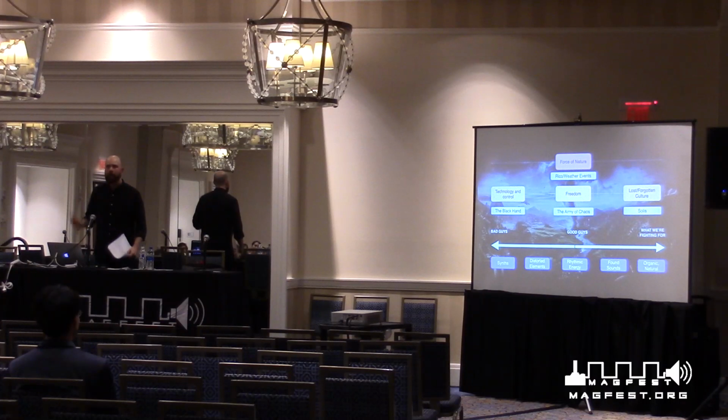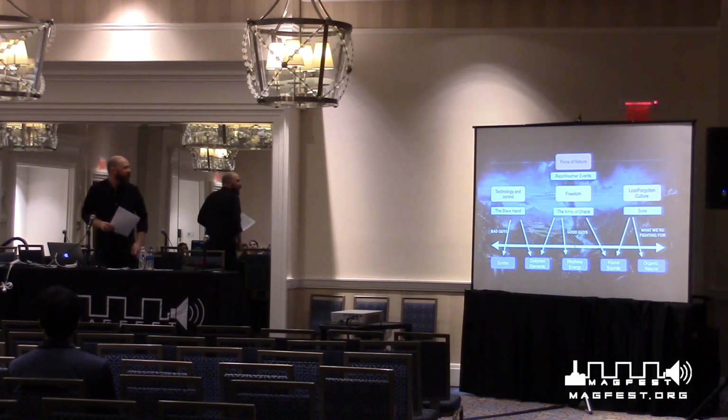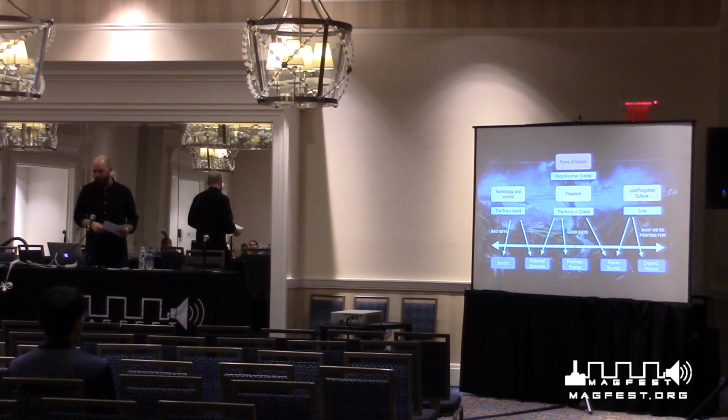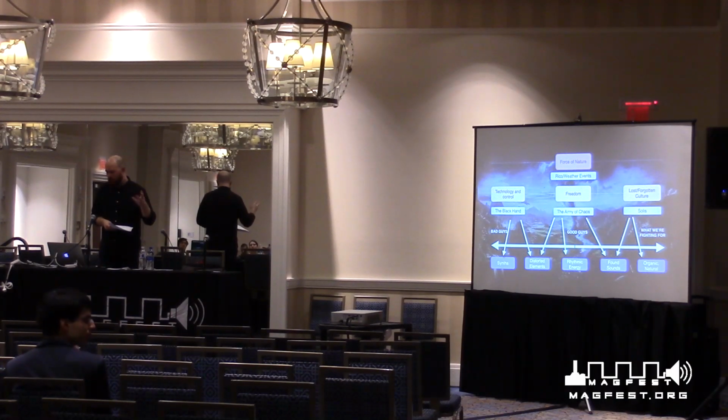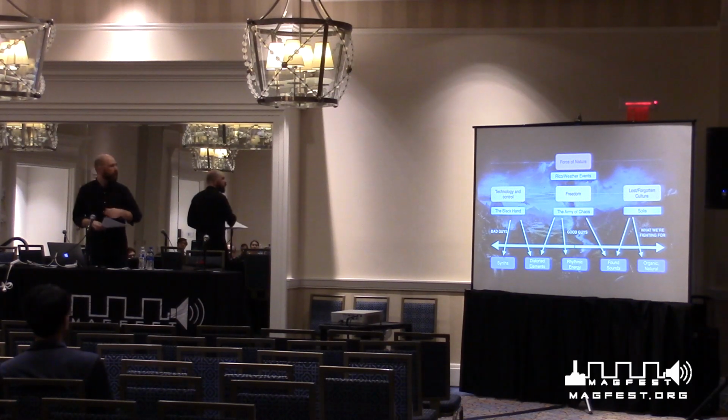Okay, here we all are. Here come the arrows. Repeating what I said with arrows: technology and control in the Black Hand is represented by synths and distorted elements. Freedom, represented by the Army of Chaos, the good guys, is distorted elements, rhythmic energy, and found sounds. And the lost and forgotten culture of Solis is represented by found sounds and organic and natural sounds. So you can see the whole gradient coming together and how it relates to the themes and characters.